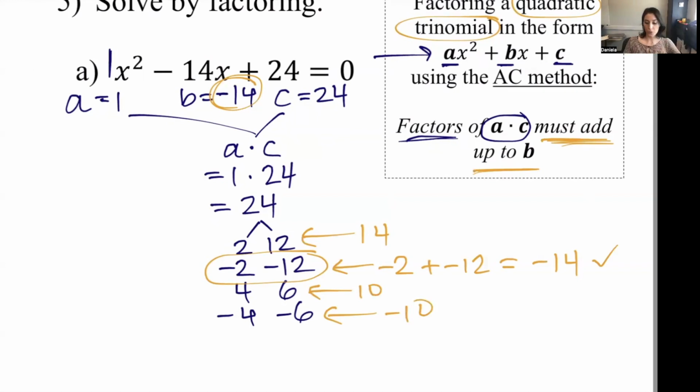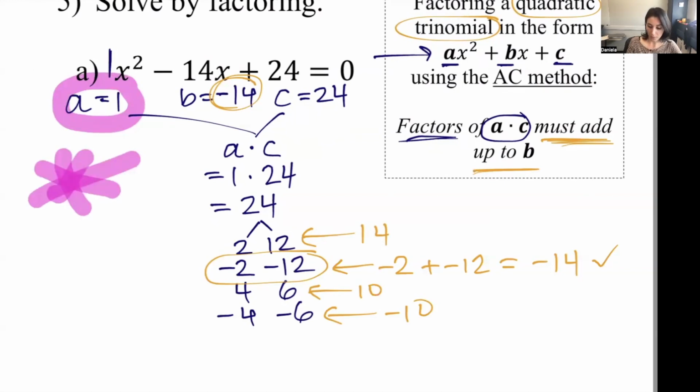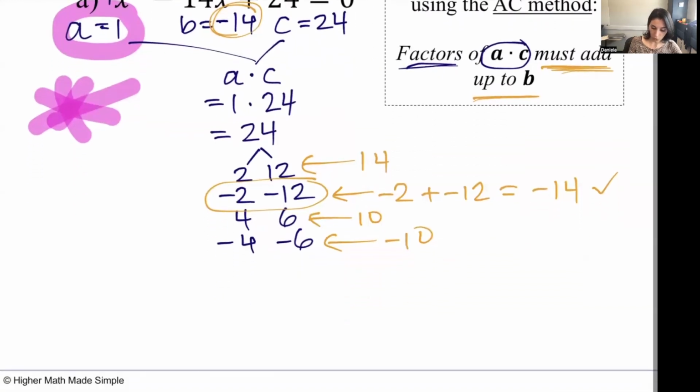Now, the beauty of factoring a trinomial where A equals 1, so I'm going to put a star here, or circle this, is that there's a nice shortcut. You're always going to plug it into the template: two parentheses next to each other, two binomials.